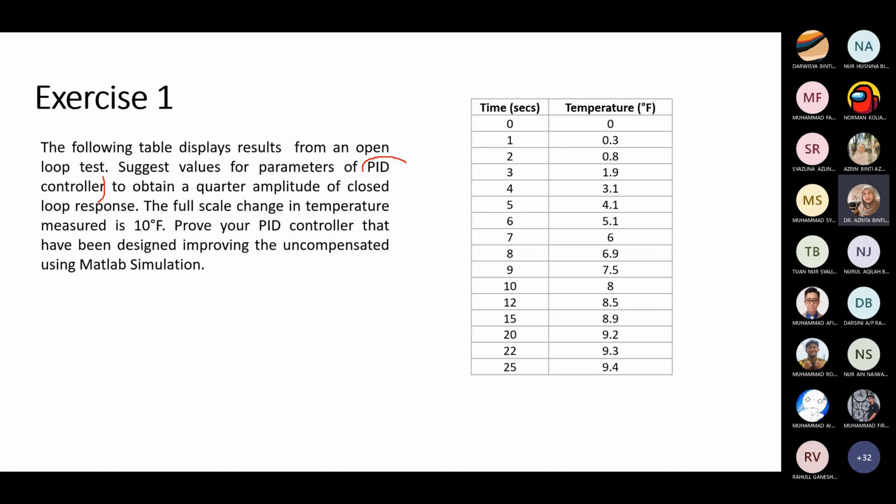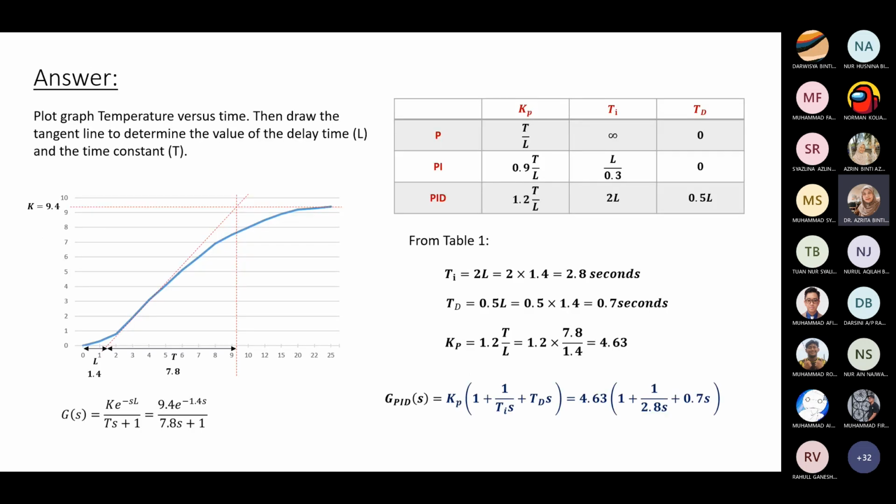So this is the result that we obtain. We have here time and temperature. So we plot this result into a graph, temperature versus time. Okay, after we draw this graph, we draw the line of the final value. We obtain that the final value is about 9.4.